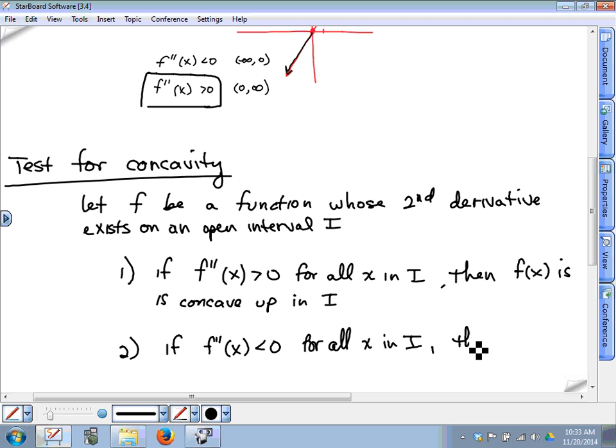Concave down. Then f of x is concave down in I.